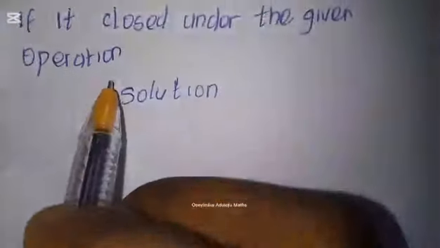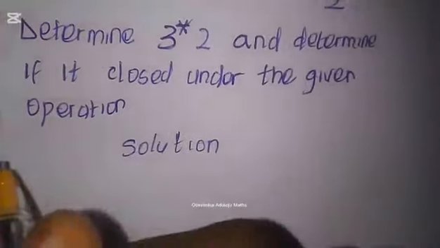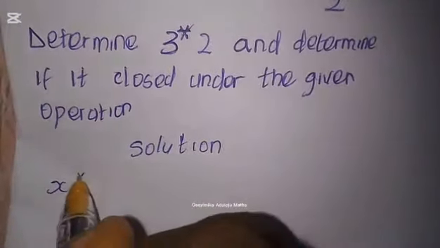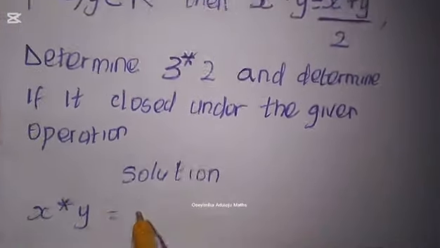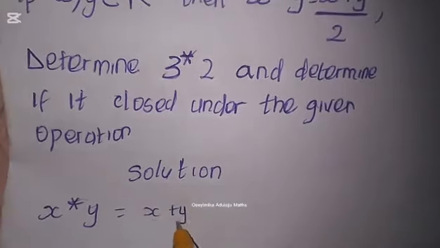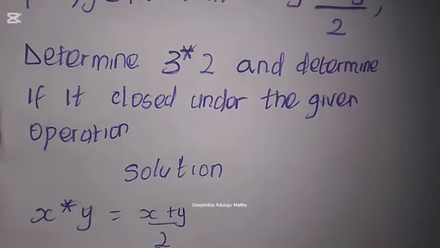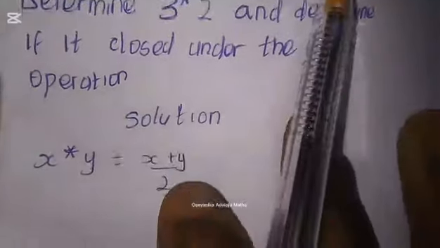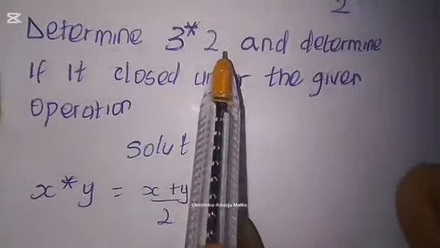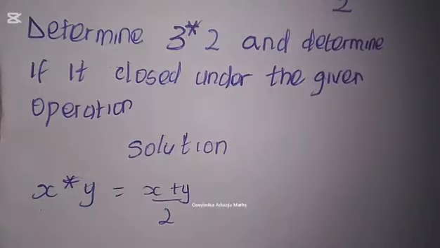Write out the operation. I'm given X asterisk Y equals X plus Y over 2. The first thing I'm asked to do is to determine 3 asterisk 2. So I'm going to input this 3 asterisk 2 into this operation.